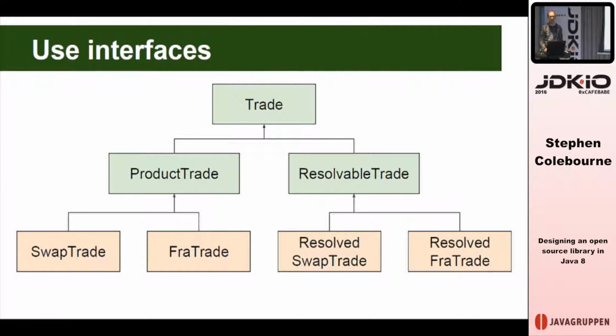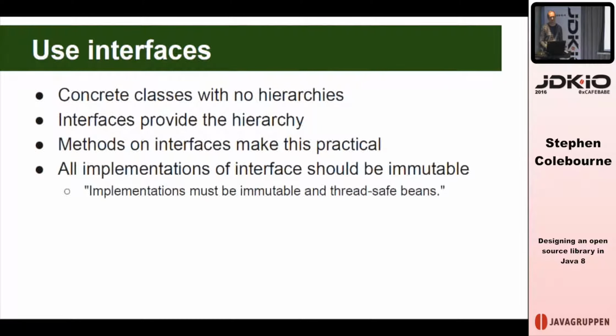Now, obviously in Java 7, if you use this kind of stuff, then you can't have any abstracted behavior. But in Java 8, you can have methods on interfaces. So concrete classes with no hierarchies, and that interface is the hierarchy.